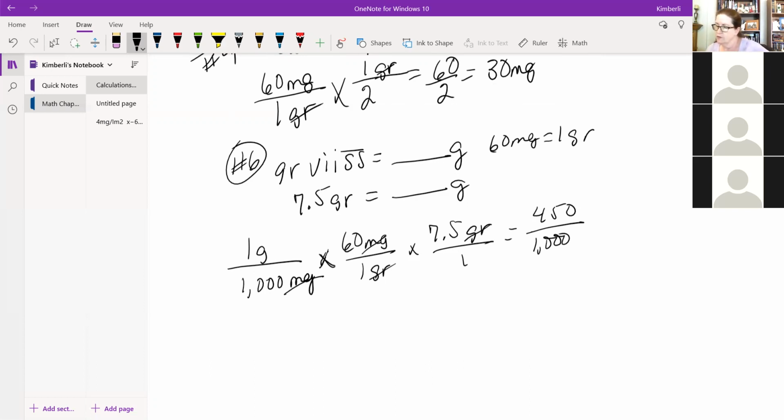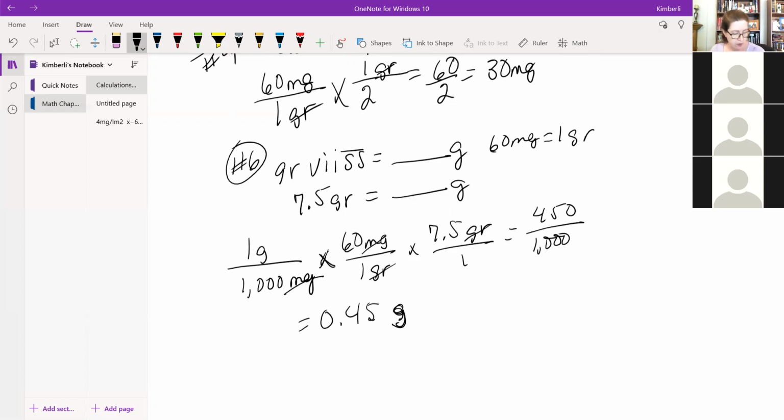So now we have to divide that by 1,000 to get our grams, because we're going to convert it to grams instead of milligrams. So 450 divided by 1,000 on my calculator is 0.45 grams.